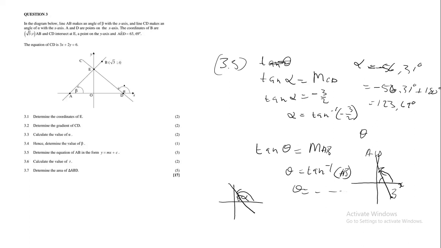Now this angle value is greater than 90 degrees, but less than 180 degrees. This is an obtuse angle, hence my angle alpha is 123,69 degrees. Therefore, that's how we solve question number 3.3.